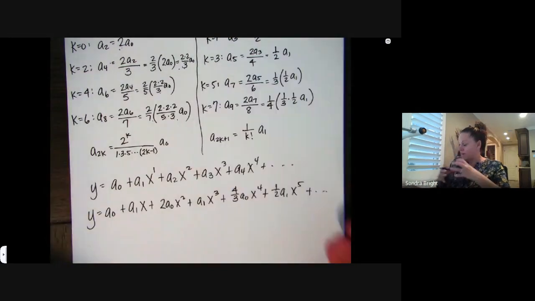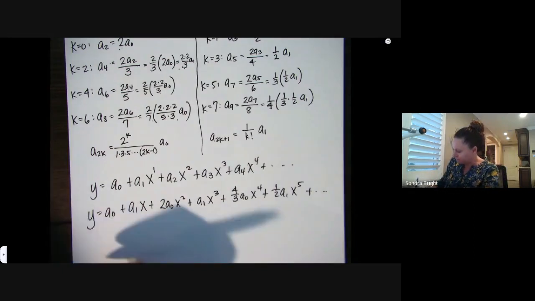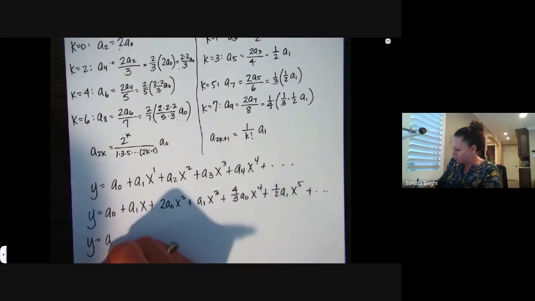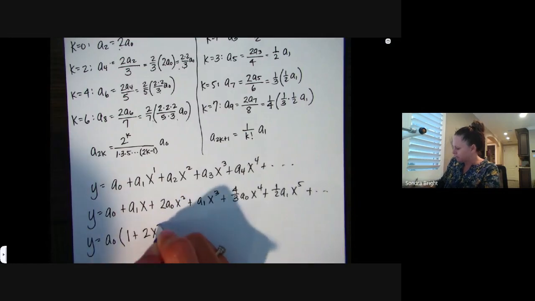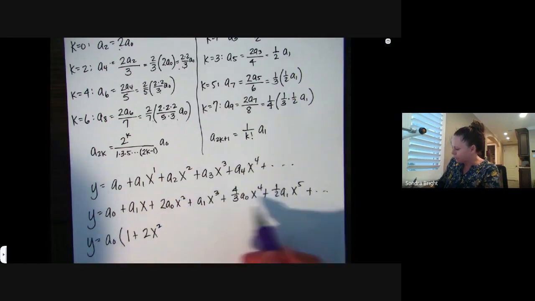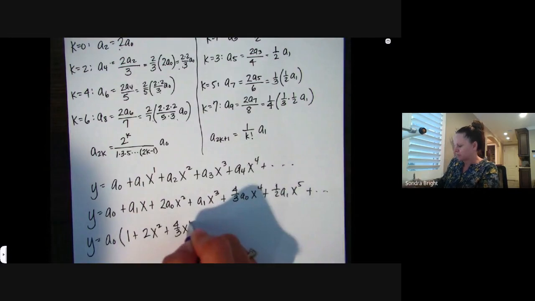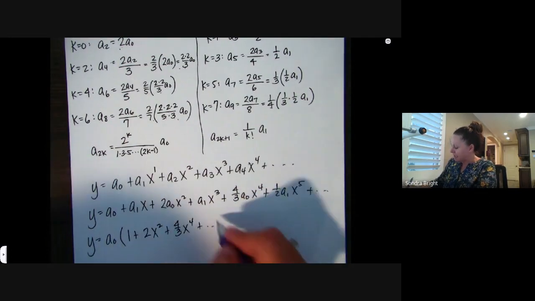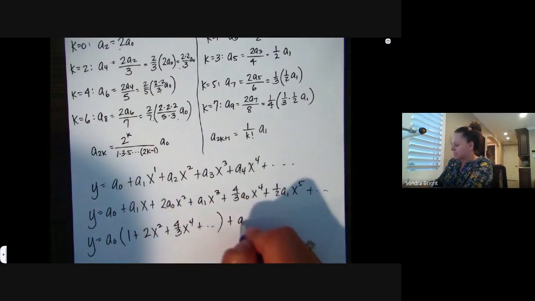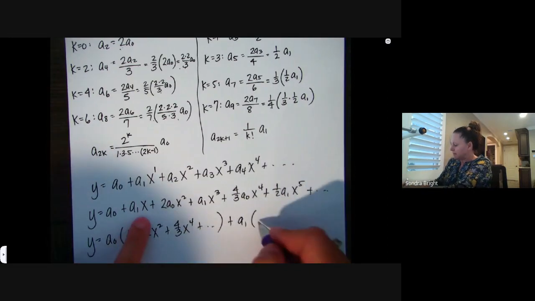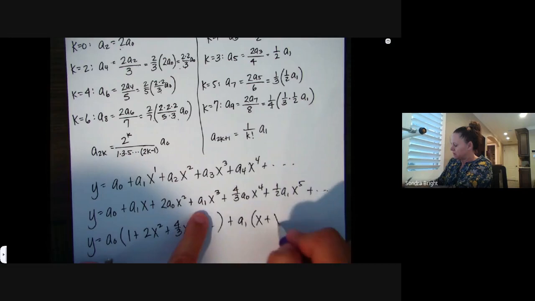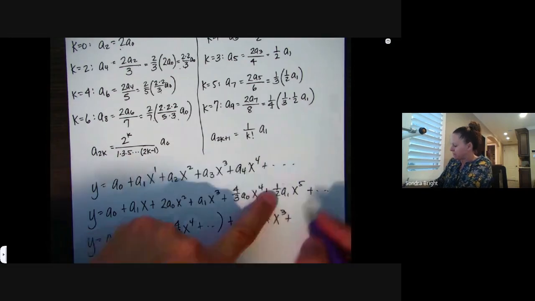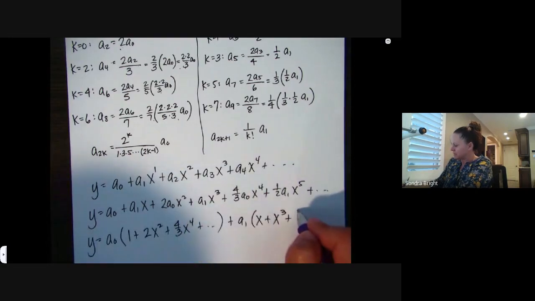You would want to factor out the a naught and the a1. So a naught times 1 plus 2x squared plus 4/3 x to the fourth plus dot dot dot. And then a1 has x cubed, 1/2 x to the fifth.